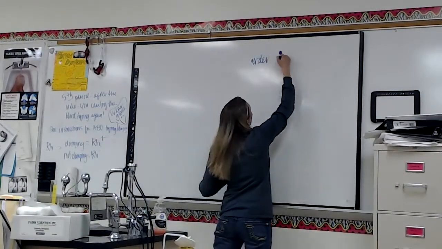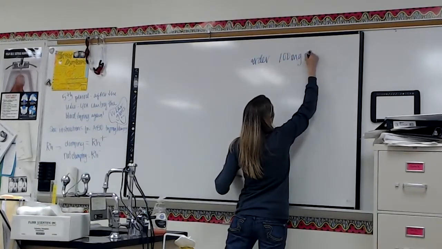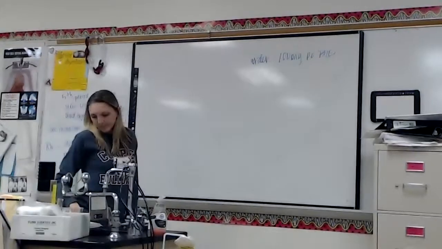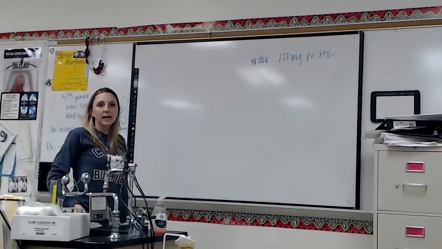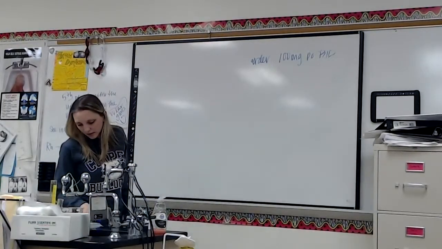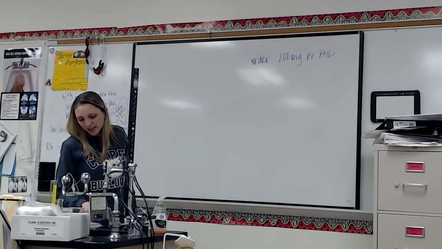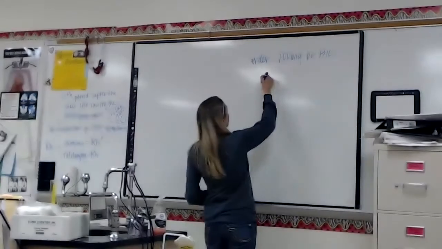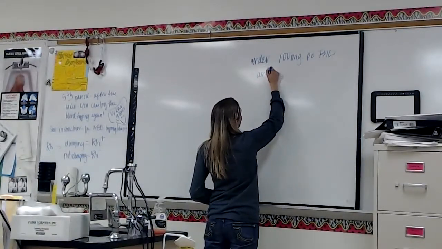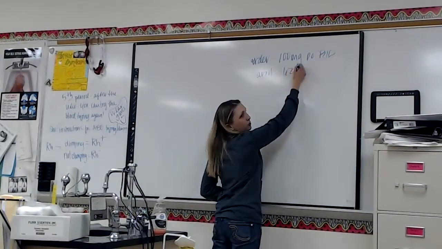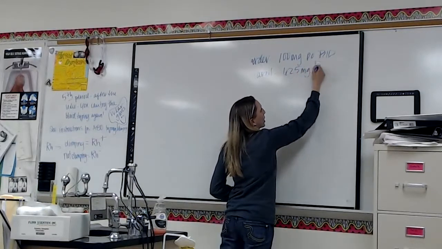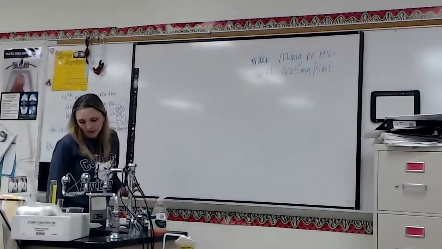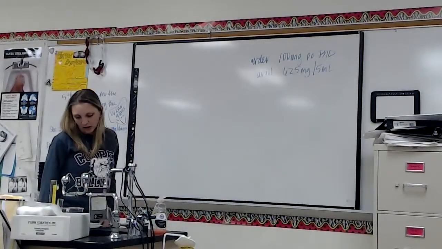Now let's look at the label, and it says there's 62.5 milligrams per 5 milliliters. So that's what's available, 62.5 milligrams per 5 milliliters. So that's how we've already interpreted our order.